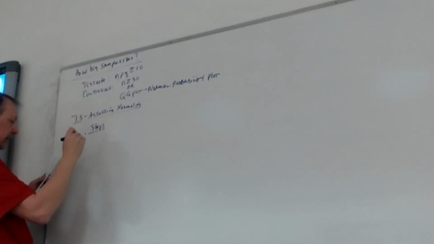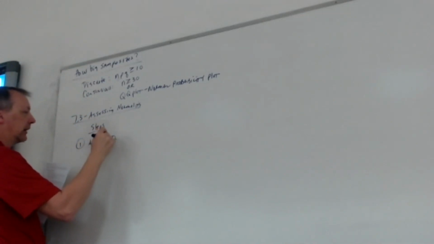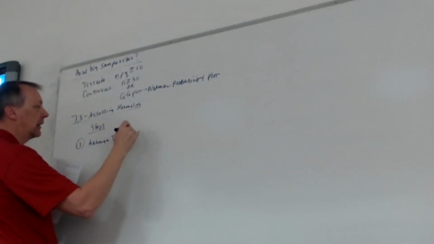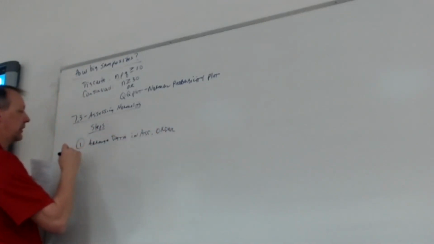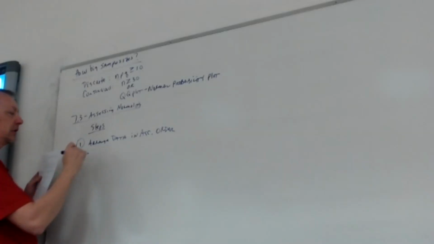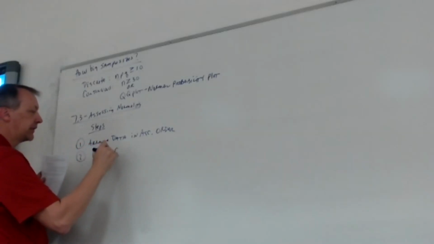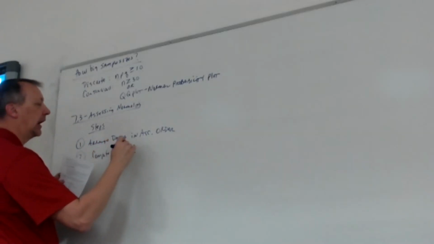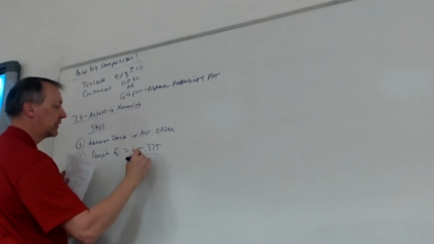So number one, your steps are to arrange data in ascending order. Number two, this is the formula I want you to remember. Compute f sub i equals (i minus 0.375) over (n plus 0.25).